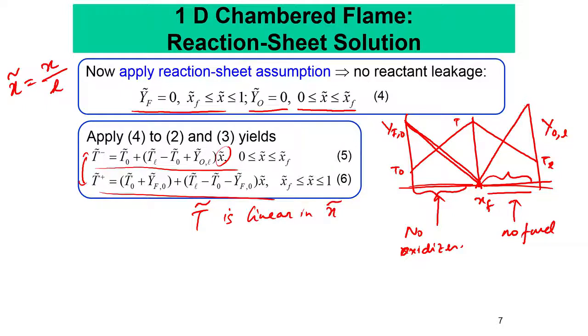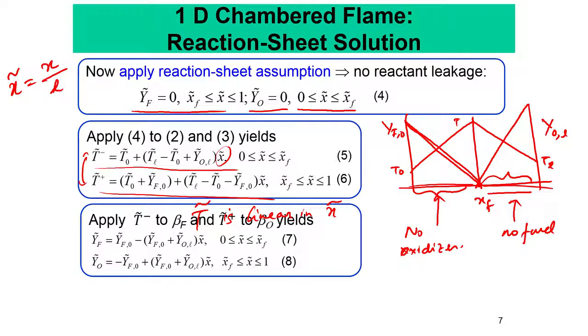Now, where does this come from? This comes from the fact that this is essentially a diffusion problem. We are solving the Laplace equation, and applying proper boundary conditions, we find that beta is linear in x. That's where it comes from, because the solution of the Laplace equation with boundary conditions like this gives you linear solutions.